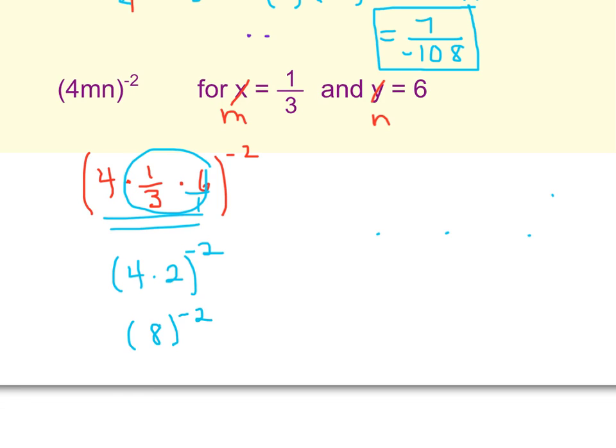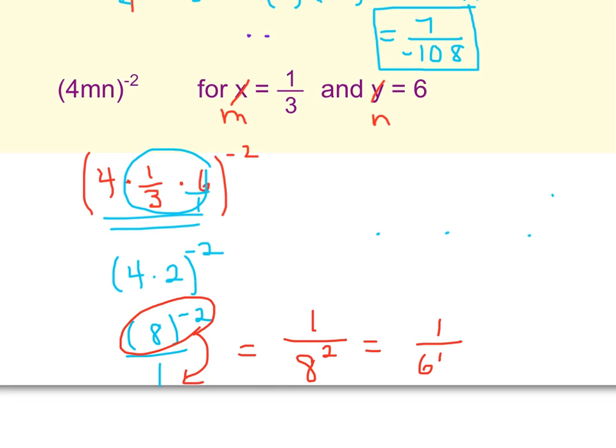All right. Now that we have our base simplified, it's just an 8. Remember your exponent and base move to the bottom. There's nothing left on top, so 1 over the 8 stays the same. It becomes a positive 2. And 8 squared, 8 times 8 is 64. And that's 7.1.